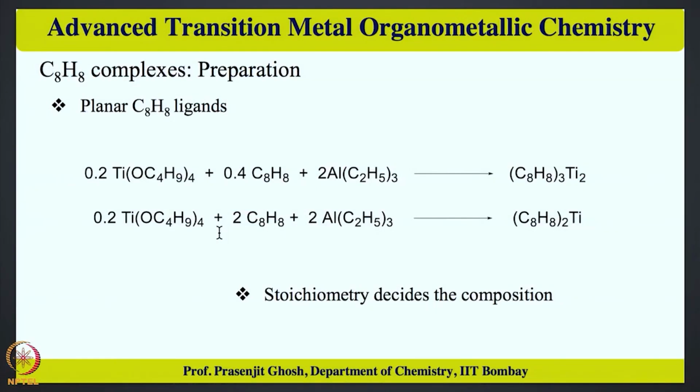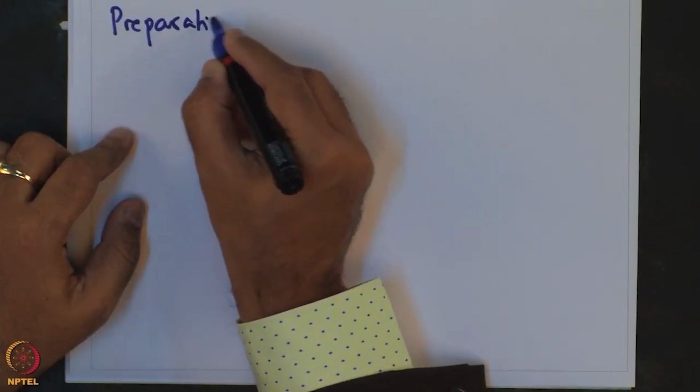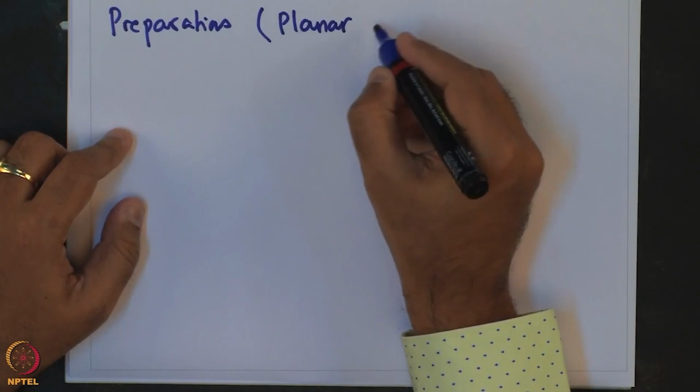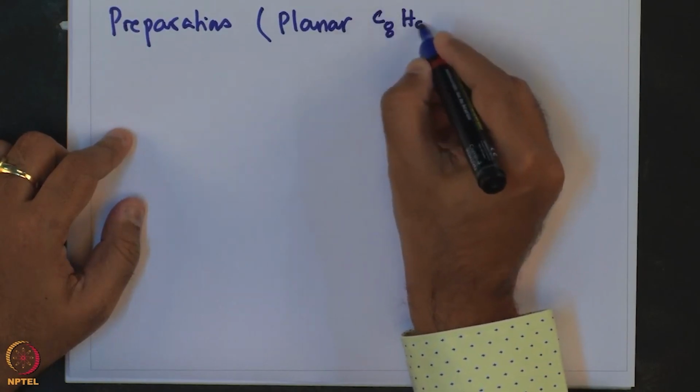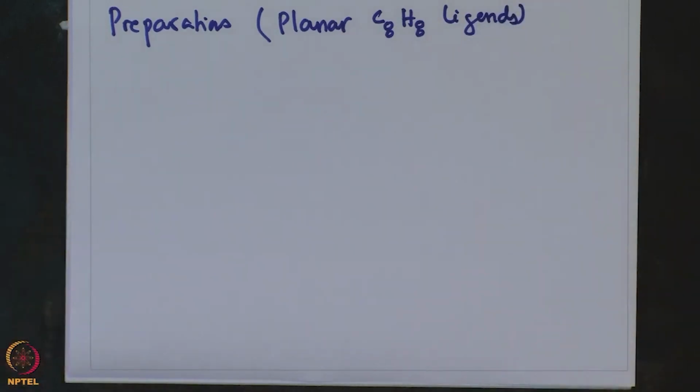Now, the preparations that we are going to be talking about are the planar C8H8 ligands and their complexes. So, the discussion on these few preparative methods would now focus on obtaining transition metal complexes of planar structure of C8H8 ligand. So, preparations of planar C8H8 ligands. So this involves preparation of transition metal complexes containing planar C8H8 ligands.